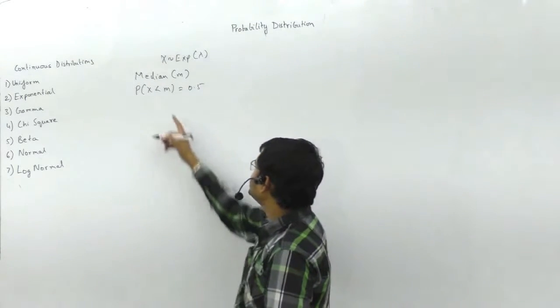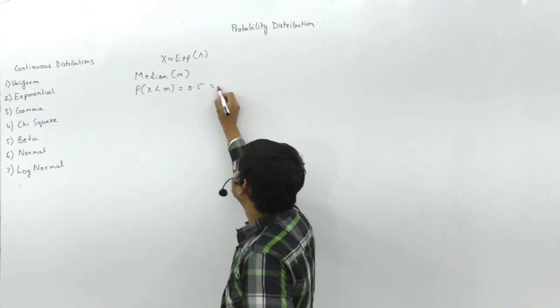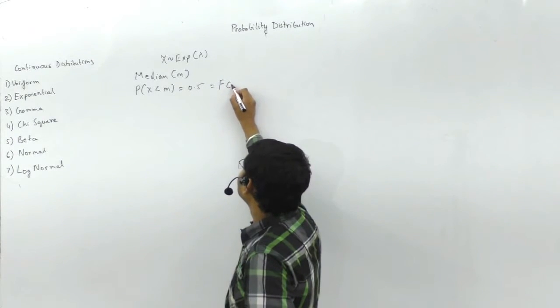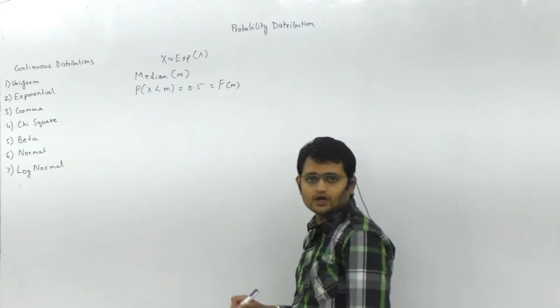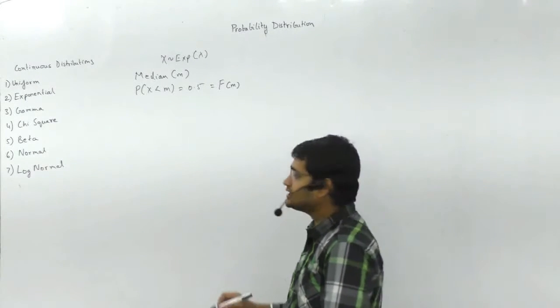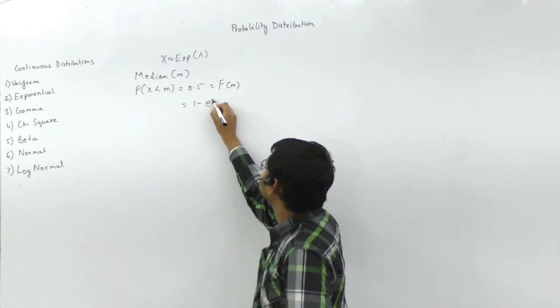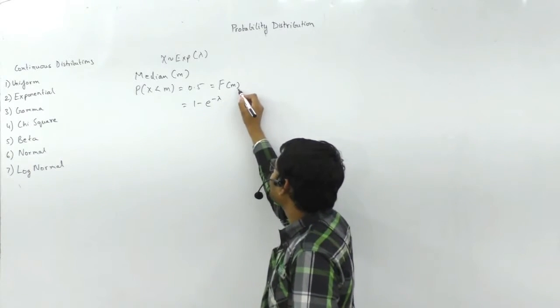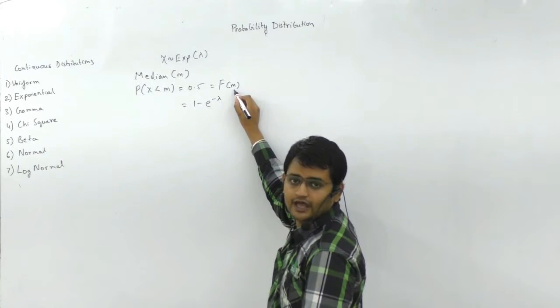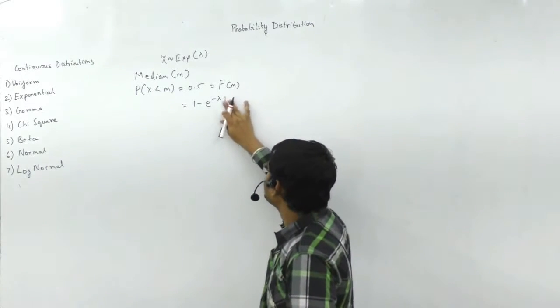So the probability x less than m is nothing but capital F of m. Now we know the formula of capital F. Capital F is 1 minus e raised to minus lambda x. Here we are using m, so it will be lambda m.